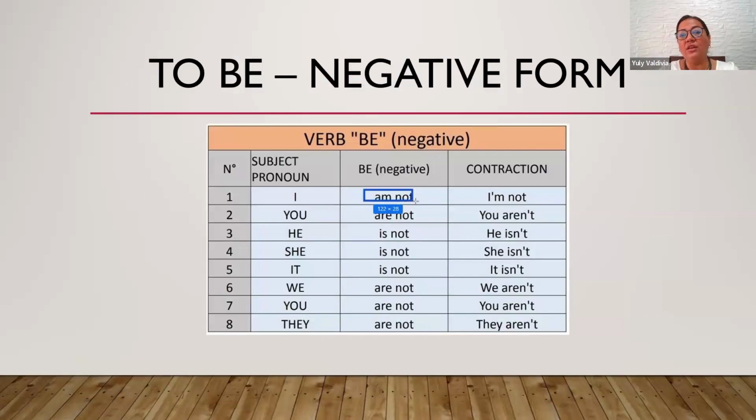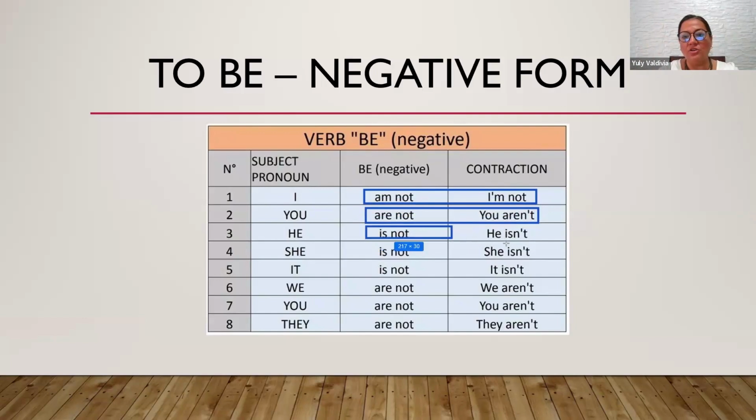The corresponding negative form for the subject pronoun I is I am not, and the contracted form is I'm not. You are not, and the contracted or short form is aren't. You aren't. Okay, let's continue.